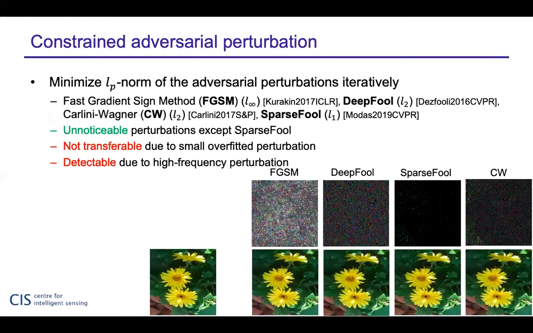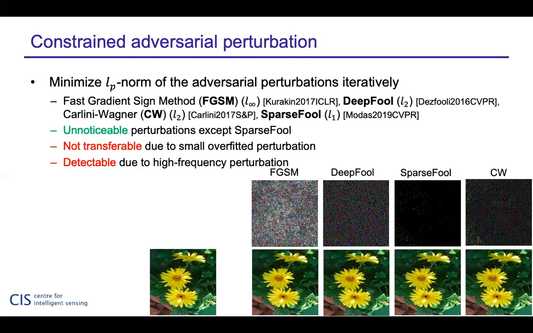By looking at the literature, one type of adversarial attack is the constrained one. Constrained adversarial perturbations are generated by controlling an LP norm. For example, fast gradient sign method, or FGSM, restrains the maximum change of each pixel. DeepFool and CW bound the maximum energy change. And SparseFool controls the maximum number of perturbed pixels.